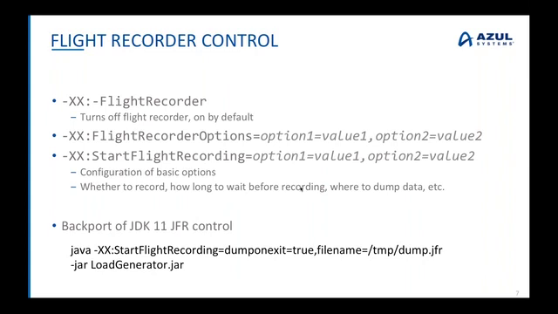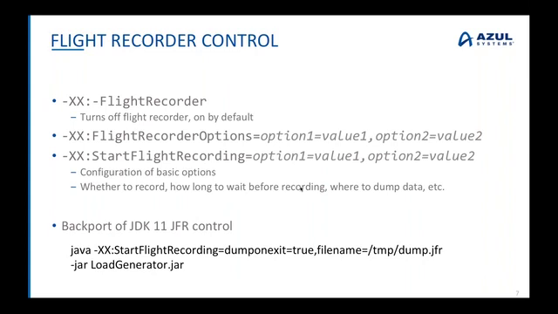In JDK 11, for some reason, they've moved some of the options to the StartFlightRecording flag, and so you need to figure out which ones you're actually going to use. For Zulu JDK 8, because we've backported from JDK 11, it will use the StartFlightRecording flag rather than FlightRecorderOptions all the time.